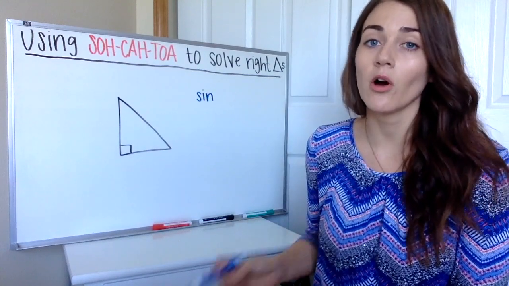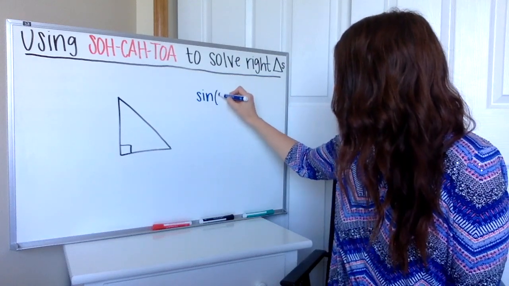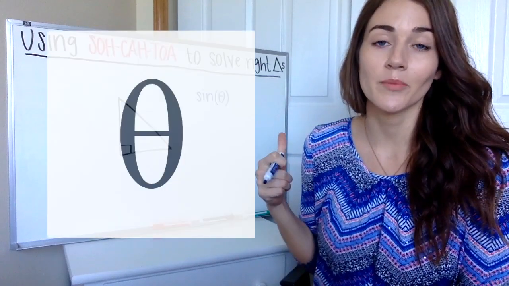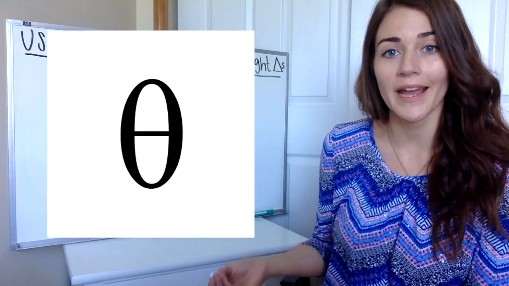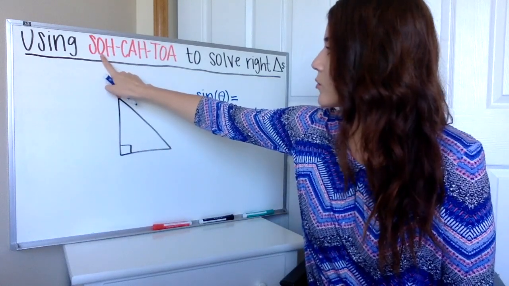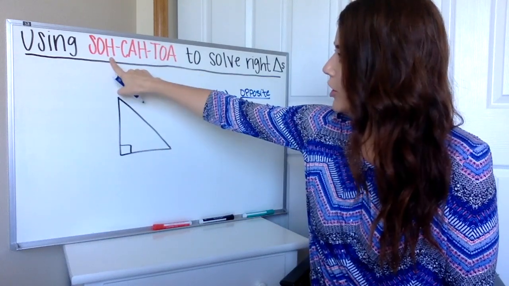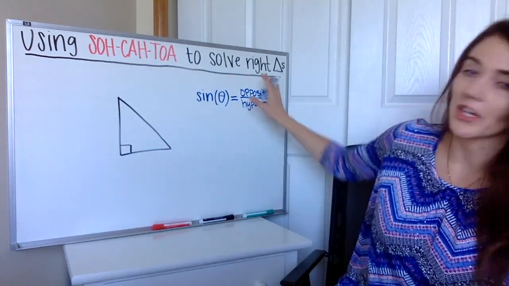Now your angle always goes with the trig function. So whatever your angle is would go here. We like to use the theta symbol. If you haven't seen that before, that is a symbol commonly used to represent an angle. And then that equals OH, which stands for opposite, over our hypotenuse, which we'll talk about how you find in a second.